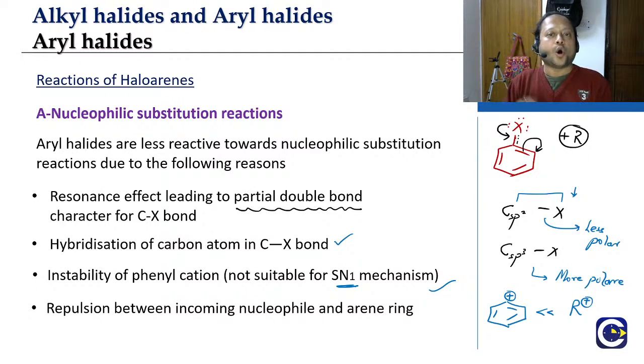All these factors tell us that nucleophilic substitution reactions are not welcome in aromatic systems the way they are in aliphatic systems. We see easy nucleophilic substitutions in aliphatic systems that we studied in our previous classes, but in aromatic systems, unless you create a special environment or an aggressive reactant is present, this does not take place, right?